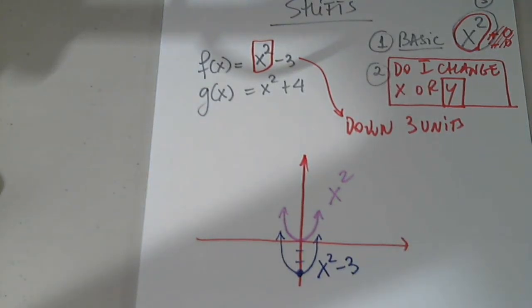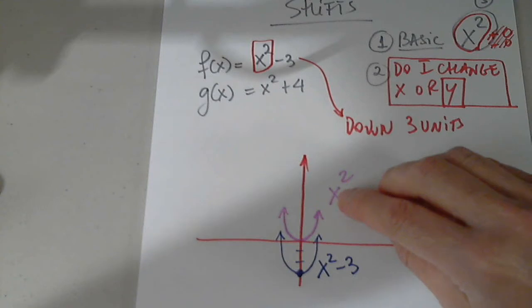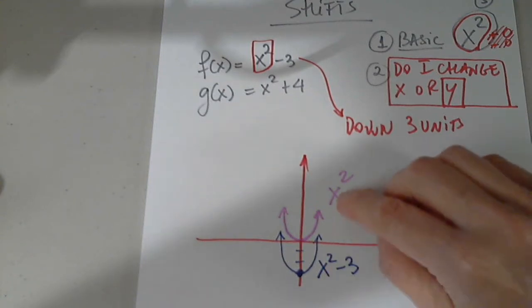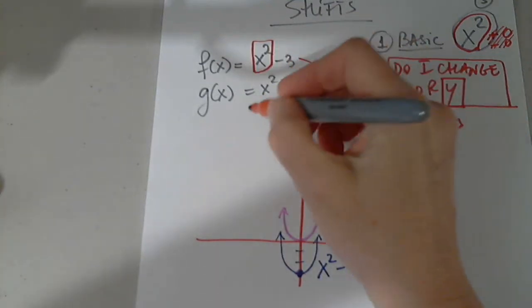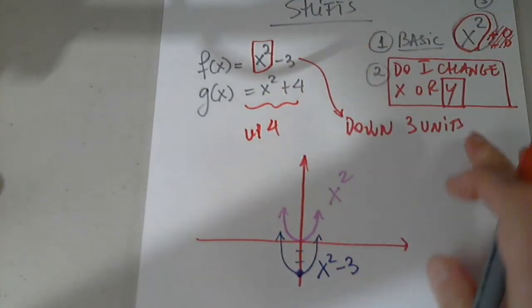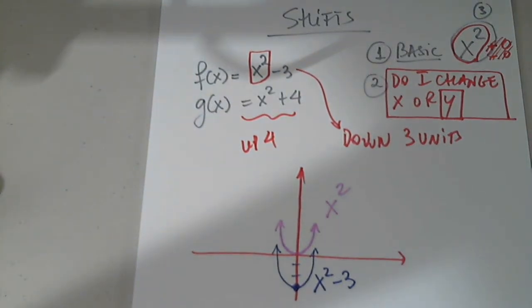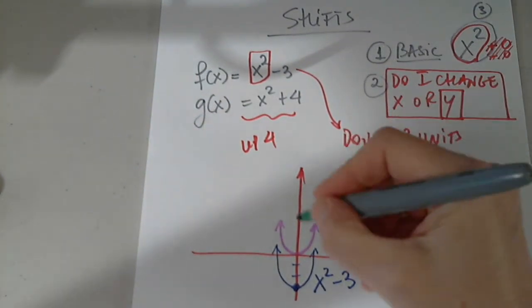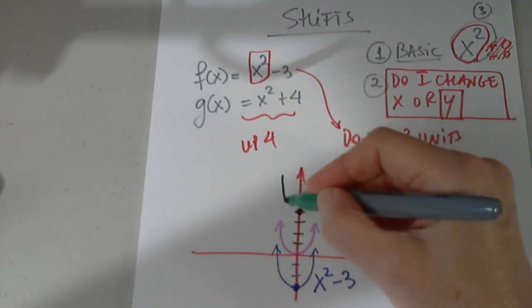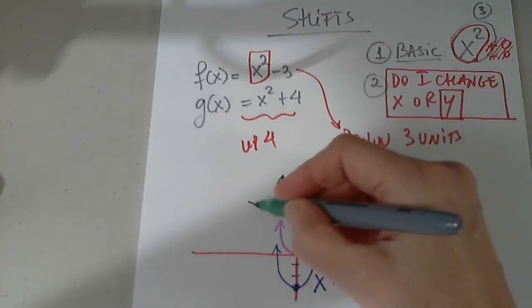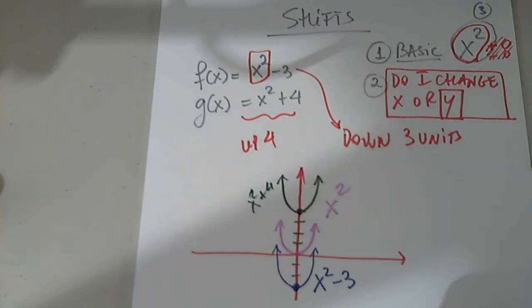Because it was a transformation on y. X squared is not changing anyway. Obviously, the second one will be a shift that is up 4 units. So then when I graph g, I go 1, 2, 3, 4, right here. So this is the graph of x squared plus 4.